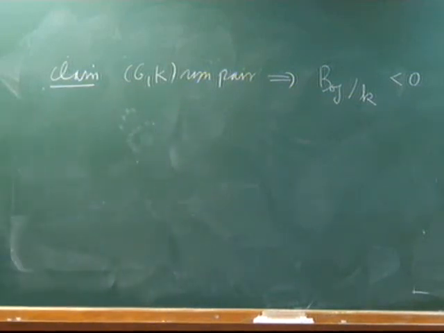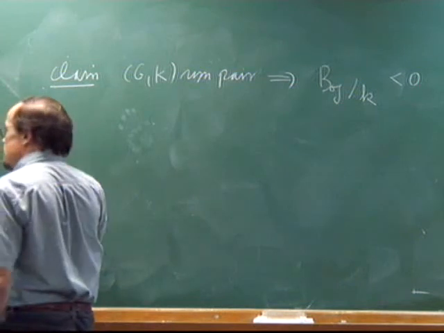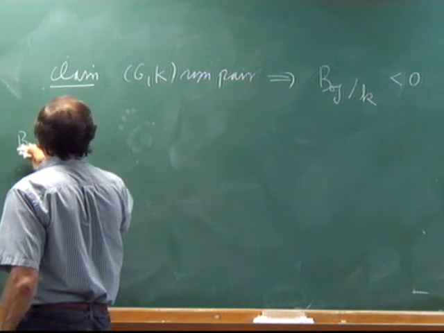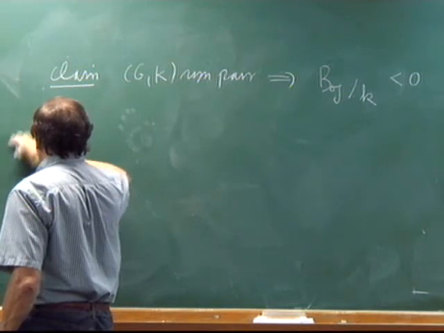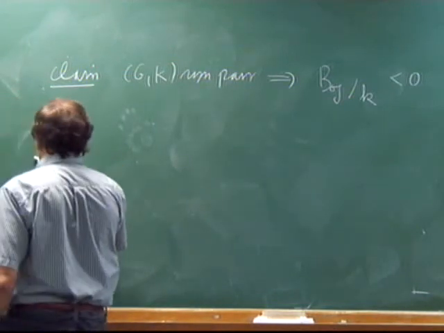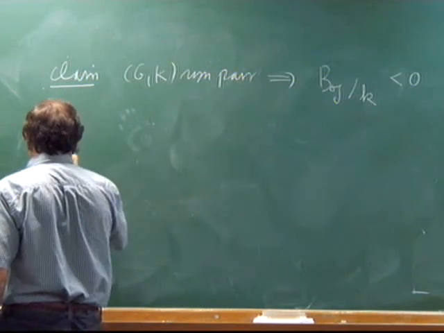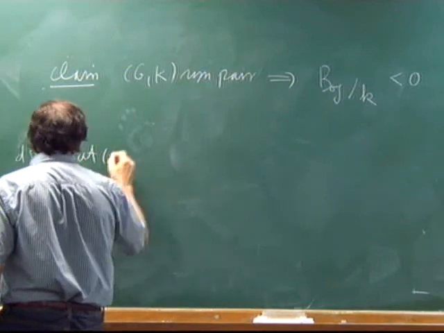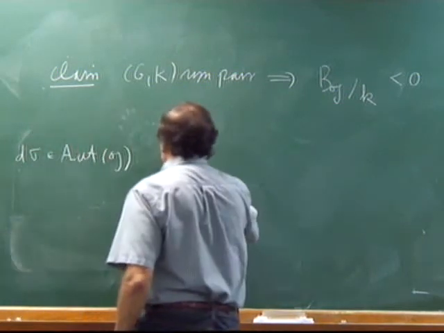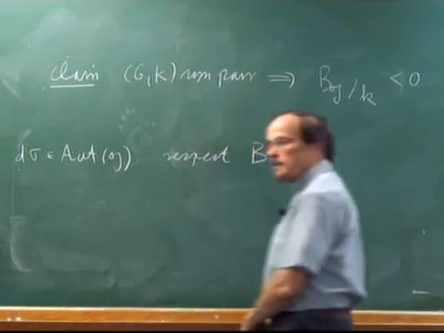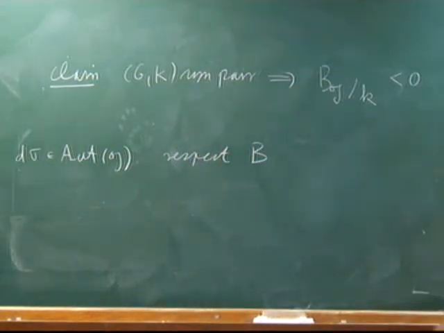So this would then imply, if I know this, then B, so that's then, okay. Sigma is an automorphism. So d sigma is an automorphism of the Lie algebra. It respects the Killing form B. Every automorphism is an isometry of the Killing form.